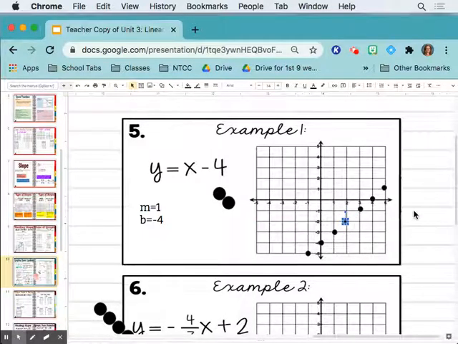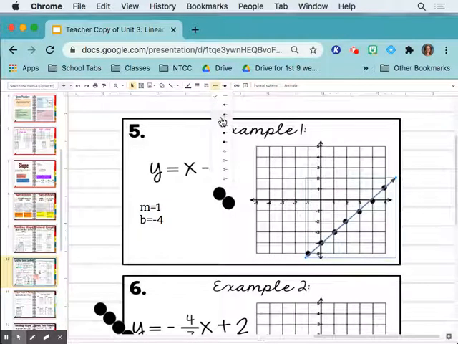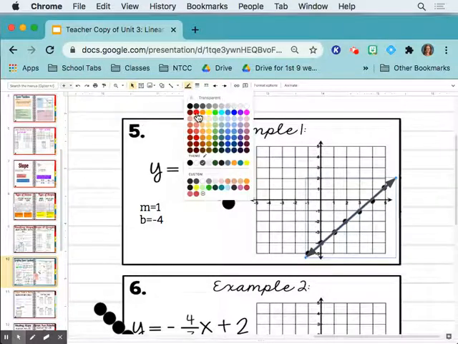It's hard to make it perfect because of how it plots things on here. Okay, so we can connect the dots to make a line. Make sure you put arrows on the end. And we can make this a different color. Let's do red.